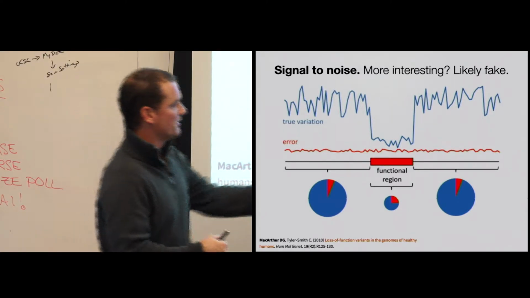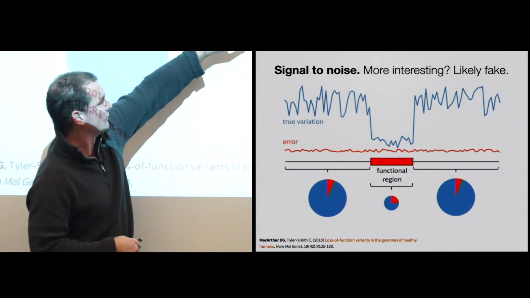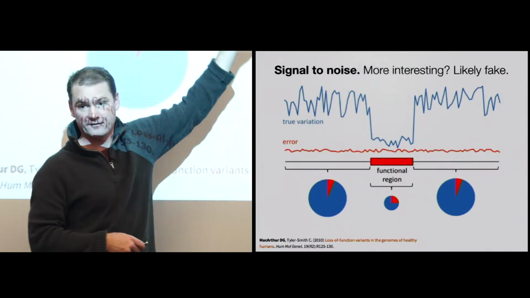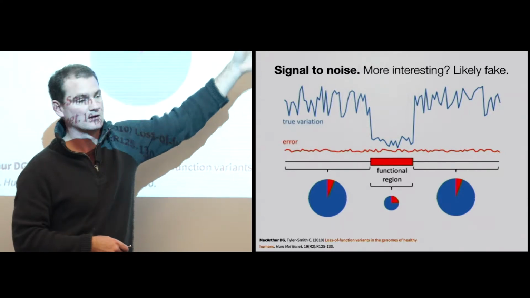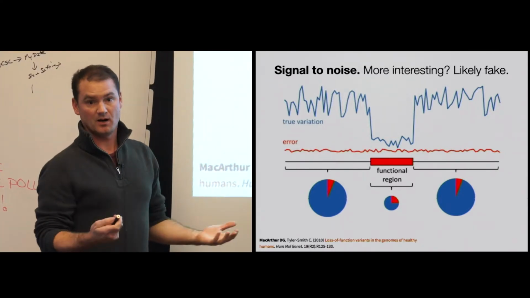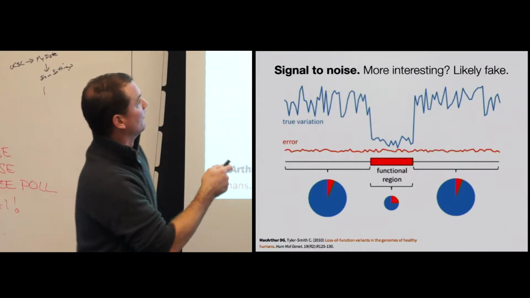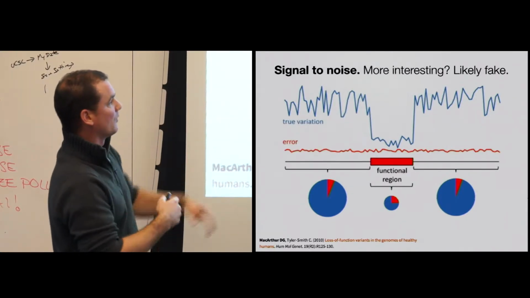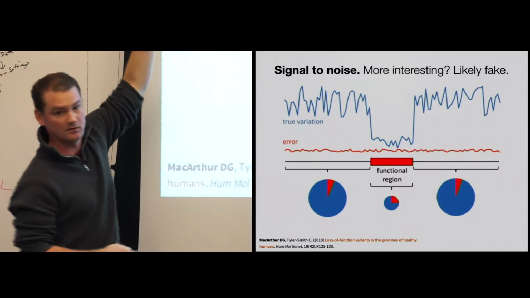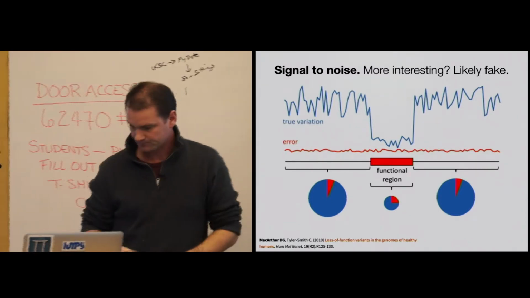The take-home being that when you look at potentially interesting polymorphisms in coding regions, more often than not, they're wrong. Or the adage being, if it looks interesting, it's probably wrong. Whereas in non-coding regions, more often than not, what you see is actually real, because the signal is much higher than the noise.